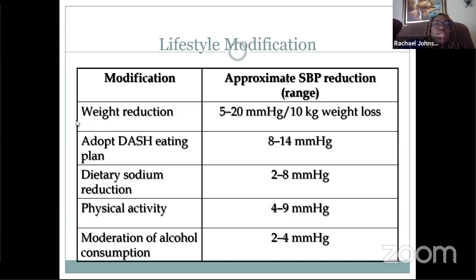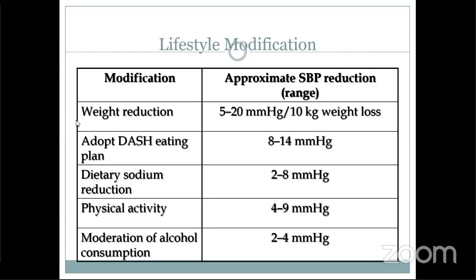The diastolic is the one at the bottom, which is 80. The upper one is the systolic blood pressure. So if your blood pressure is around 140/90, for instance, and you were able to lose 10 kilograms of weight, you can drop it by 5 to 20. He's just trying to show the improvement you will get if you actually lose that much weight.